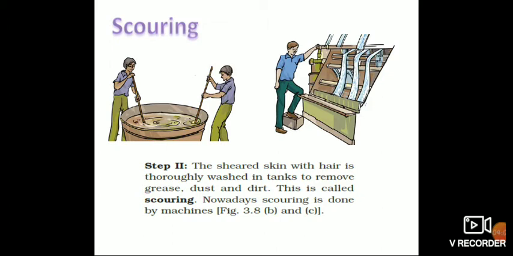Yes or no? Yes. Here also sheep have so much dust on their body. Dirt will be there, so they want to remove it, so they wash it in a tank. The sheared skin with hair is thoroughly washed in a tank to remove the grease, dust and dirt. This is called scouring.